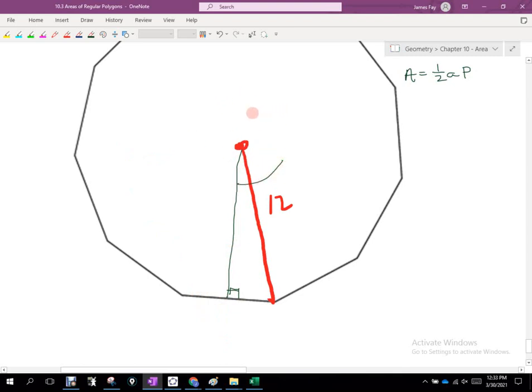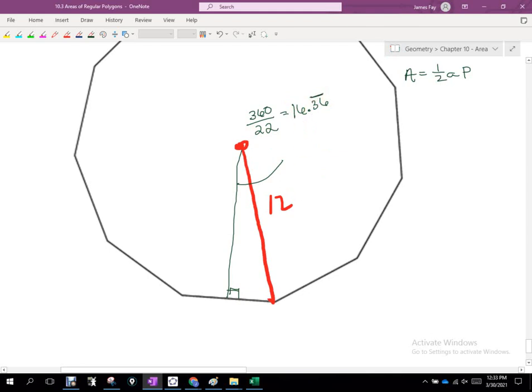So remember, that angle is going to be 360 divided by 2n. In this case, it would be 22. So we're going to take 360 divided by 22. And here's where you have to start approximating things, because this gives me 16.36, and that 36 is repeating.